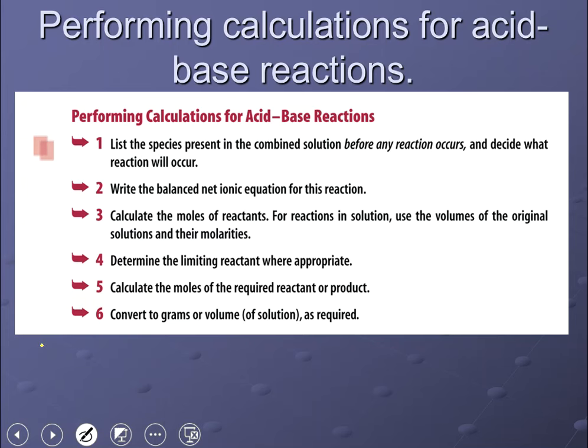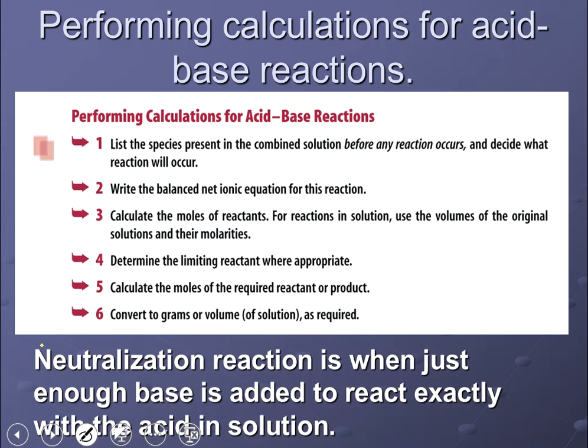Okay. All right. Now this definition here is helpful. This tells you what neutralization is, and neutralization is when the acid and base react in just the right proportions so that there's not an excess, basically. All of the acid and base have completely reacted with each other.